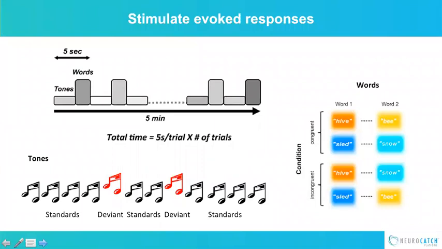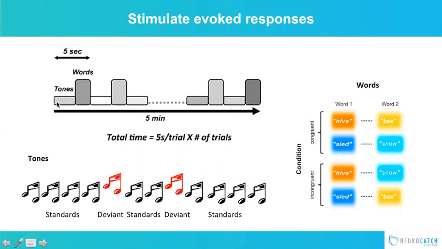So the implementation of stimulating the brain became clinically accessible in neurocatch because we came up with a specific sequence that compressed our ability to get these responses to make them short and rapid. And here what you can see in the top part of this graph is what we did is we started by using basic auditory tones.